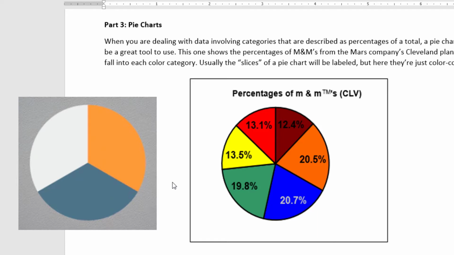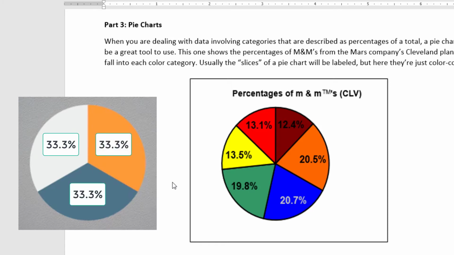Now, if you think about a pie chart that's broken into 3 pieces that are as equal as possible, what percent are they all going to be broken into? Think about that for a second. What percent are each of those slices? And it doesn't take you very long to see that if you break them up into 3 equal pieces, they're each a third, which is 33.3% each. 33.3, 33.3. There you go.